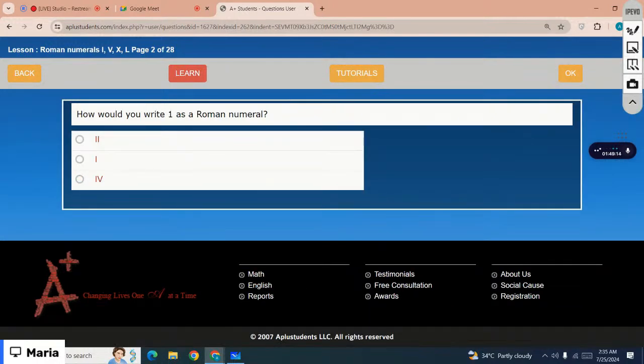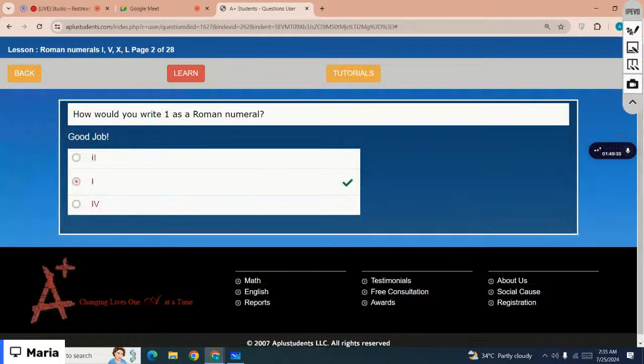How would you write 1 as a Roman numeral? So which is the correct option? Option number 2 is the correct option. You write 1 as I. Option number 2 is the correct option.